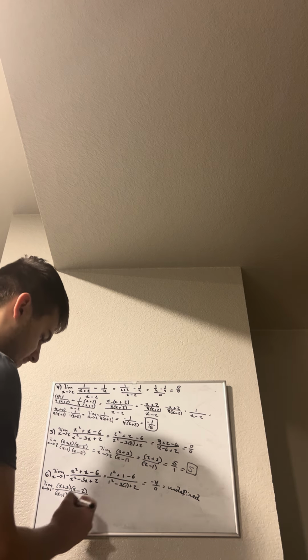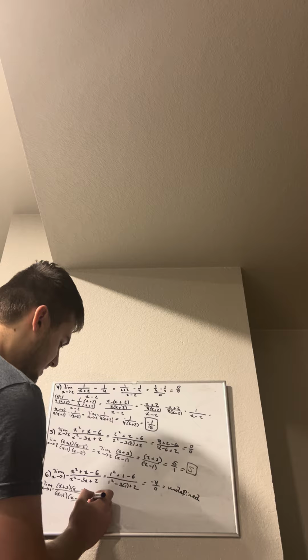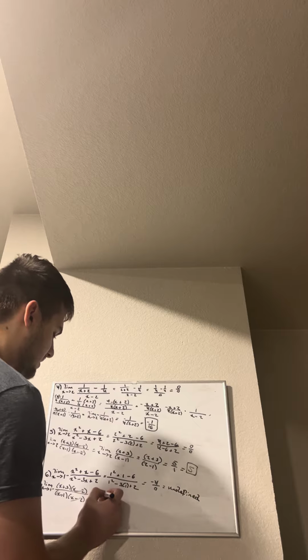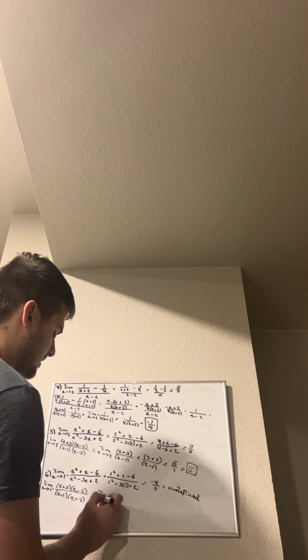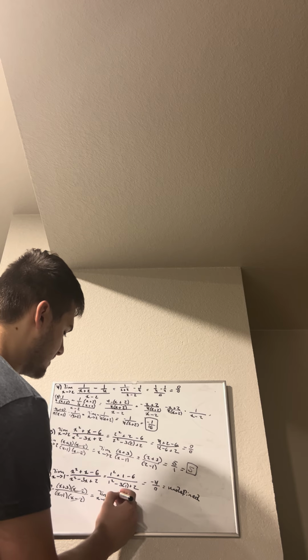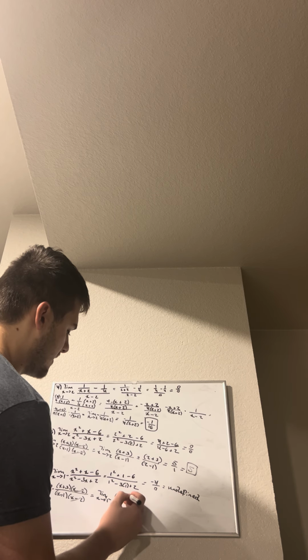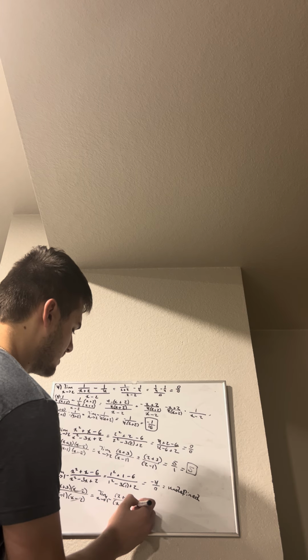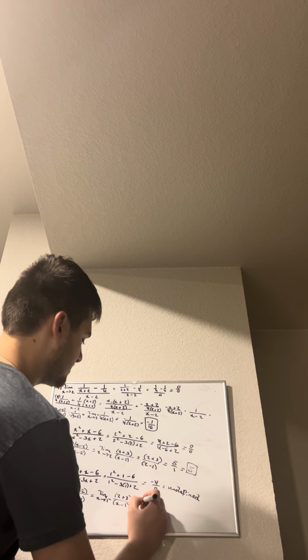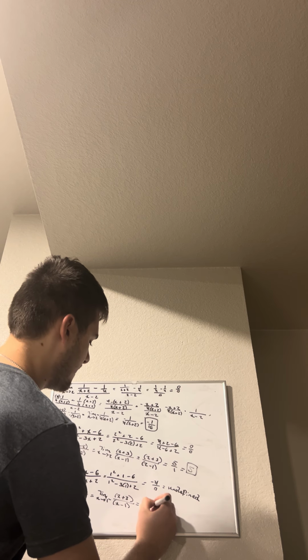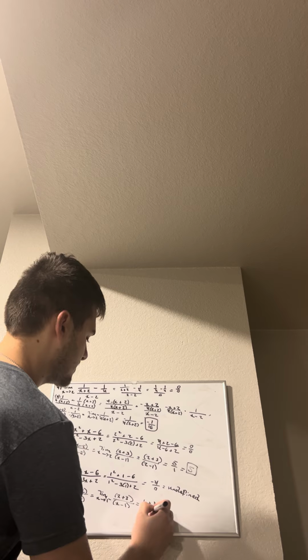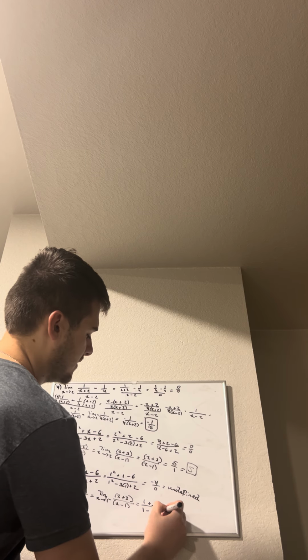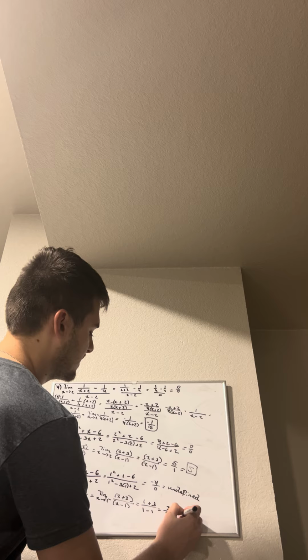In this case, these two cancel out once again, and now we just have the limit of x approaching 1 from the negative side of x plus 3 over x minus 1. So now we substitute this directly in, so 1 plus 3 over 1 minus 1. So now we get 3 over 0, which also makes it undefined again.